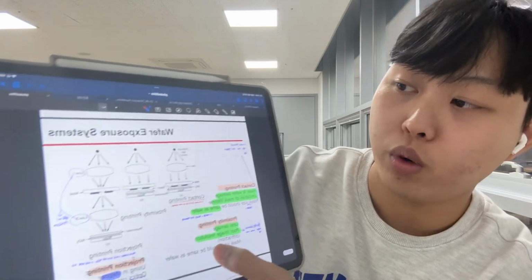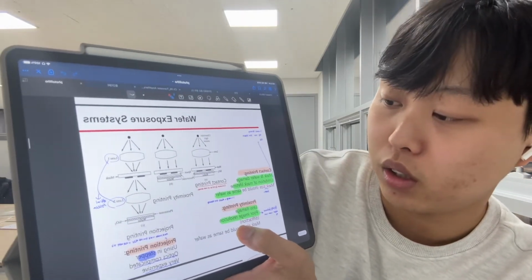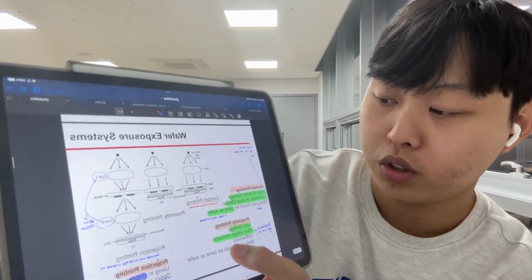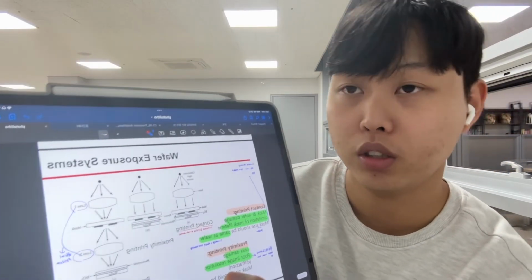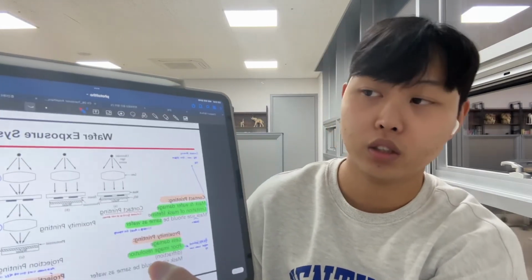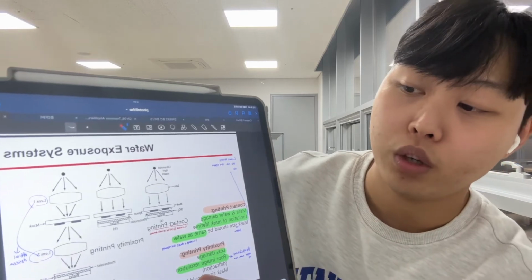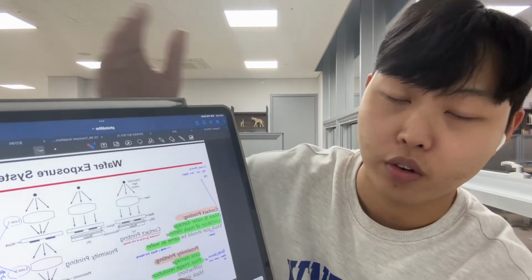Now we have some wafer exposure systems, which is a very important part. There are three types of wafer exposure systems. First of all, contact printing. This method is usually used by schools or facilities in universities. For contact printing, we put the mask or the reticle just over the wafer.